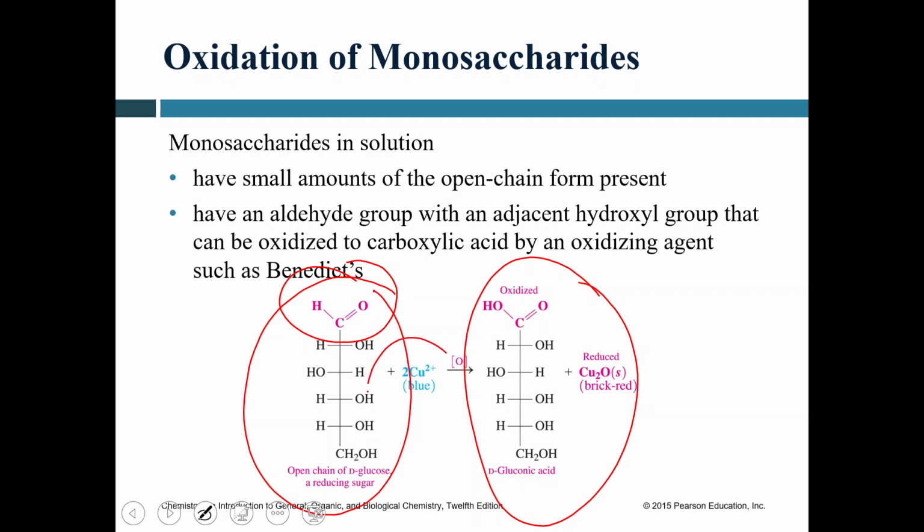So if you add divalent copper, which is blue, to the D-glucose, copper will oxidize glucose to gluconic acid, resulting in brick red monovalent copper(I) oxide.